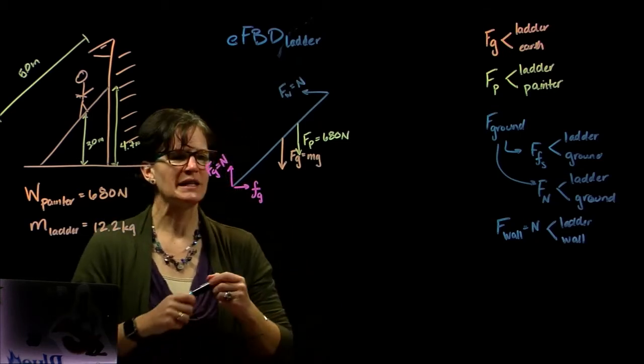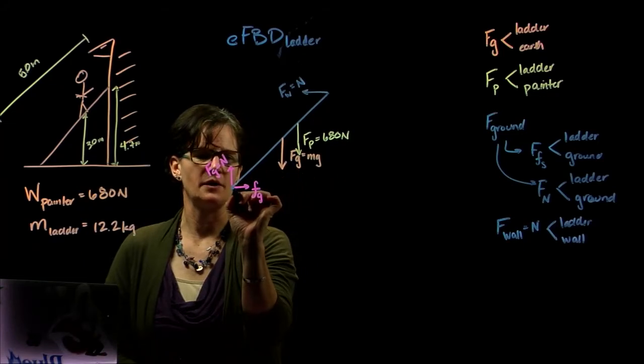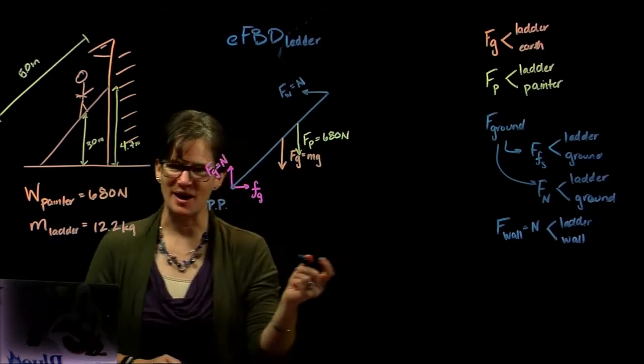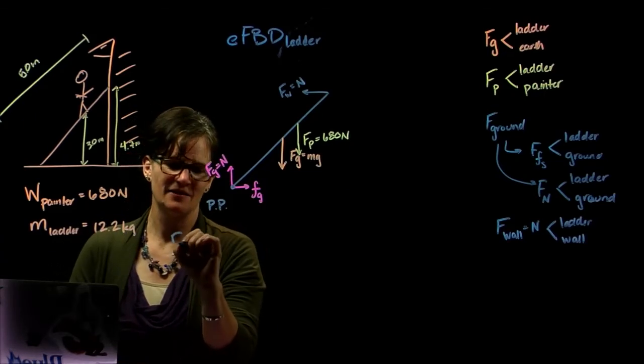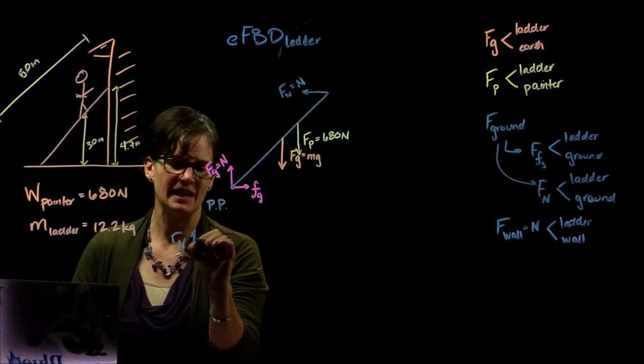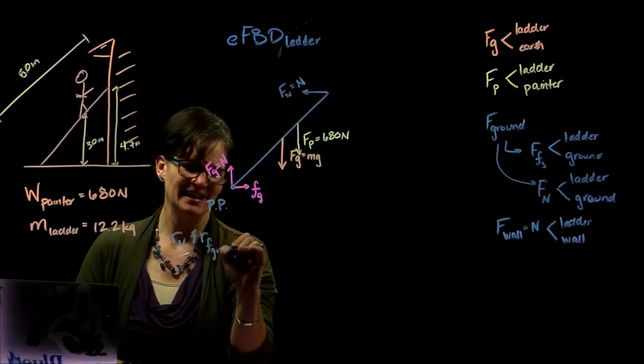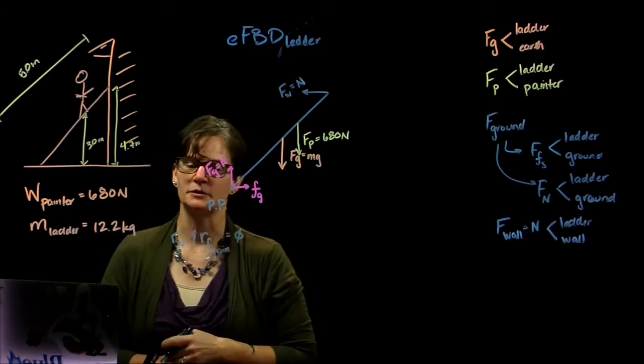And so let's select the pivot point of the ground. Now, if we select the pivot point of the ground, the radius of the normal force and the radius of the force of friction of the ground, in this case, are both 0.